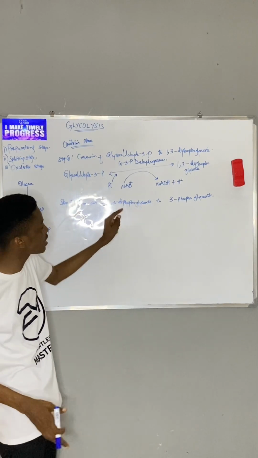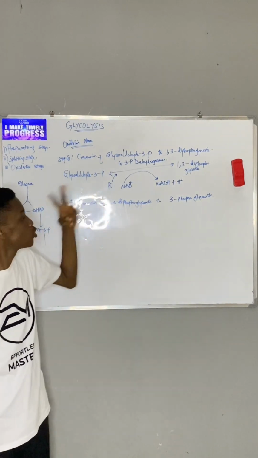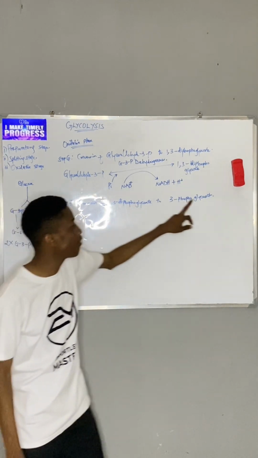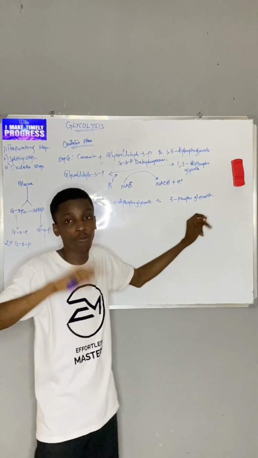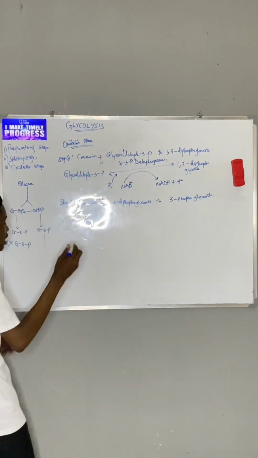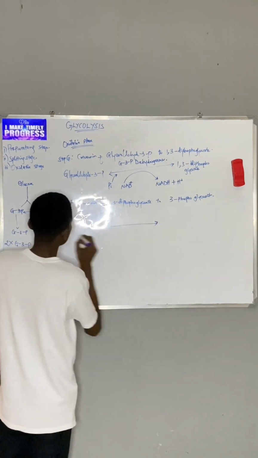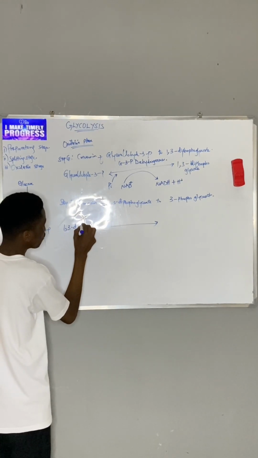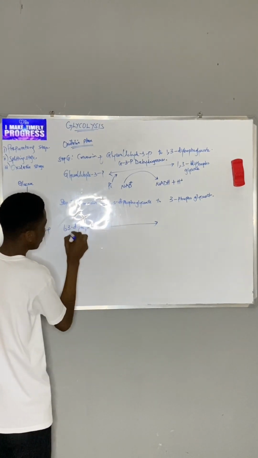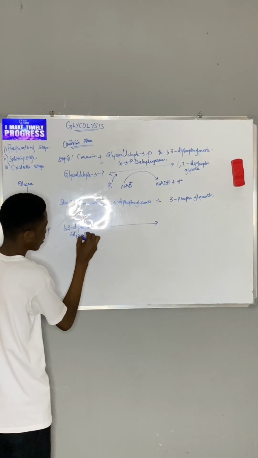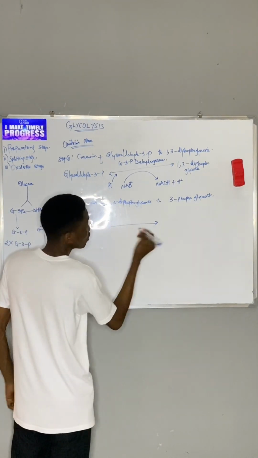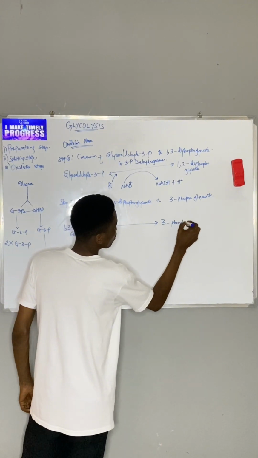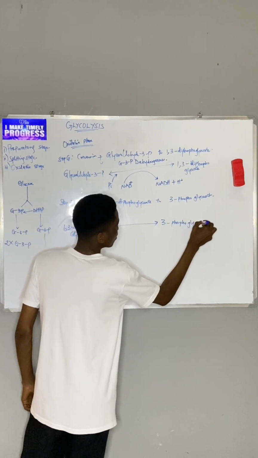So if you carefully see here, I had 2 phosphates on this compound. But here I have only 1. That means one of them has left. And when it leaves, it's used to form ATP. Let's observe how that step happens. So I move from 1,3-diphosphoglycerates, and I go to, of course it's reversible, 3-phosphoglycerates.